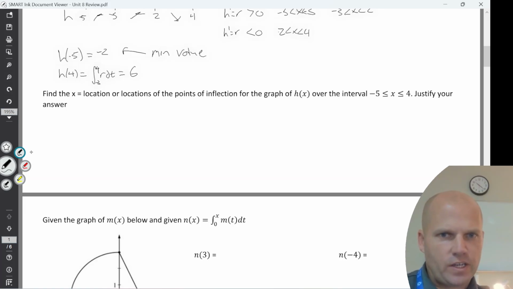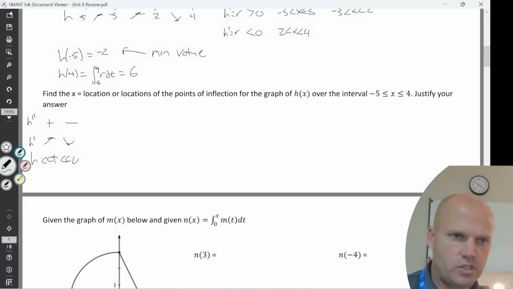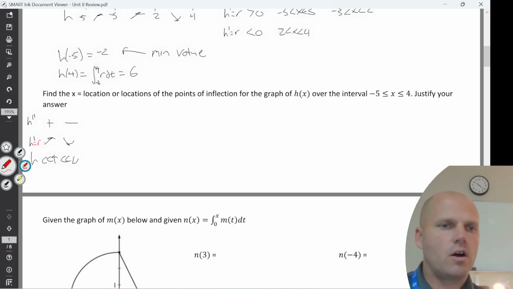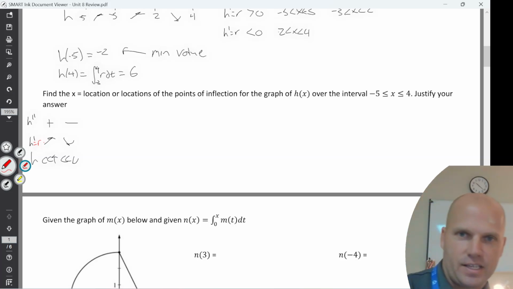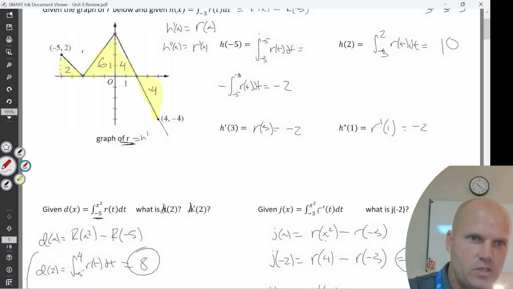Okay, cool. Points of inflection for h is when h's concavity changes. H's concavity changes when h prime changes direction, or when h double prime changes sign. H prime equals r. I'm going to look at when r has maxes or mins, as that's when r will change directions. I'm not sure if they accept changes directions for justification.